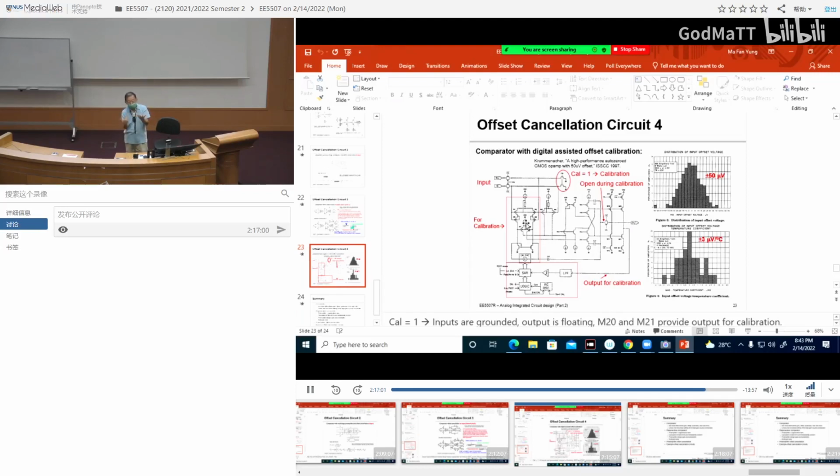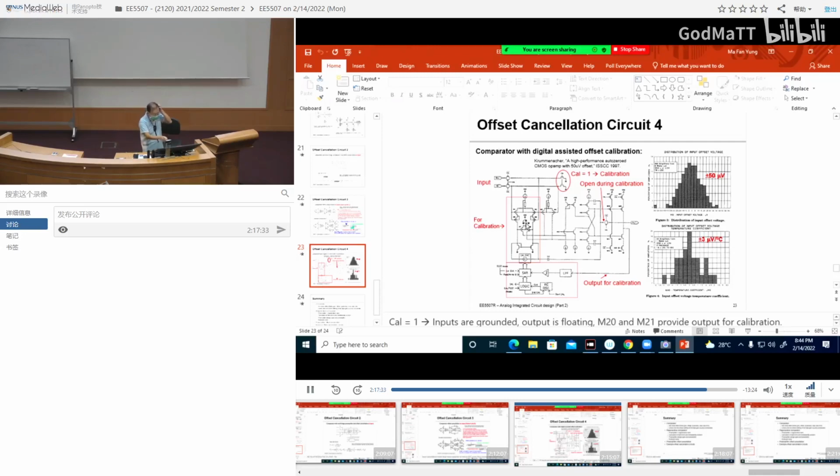So that's a different way to look at it. If a circuit has no mismatch, I balance the two currents, the voltage will be balanced. That is zero offset. Now, if my circuit has mismatch and offset, it means I balance the two currents, but the input voltage is different. So that difference is the offset. So now in calibration, I imbalance the current to make the voltage the same again.